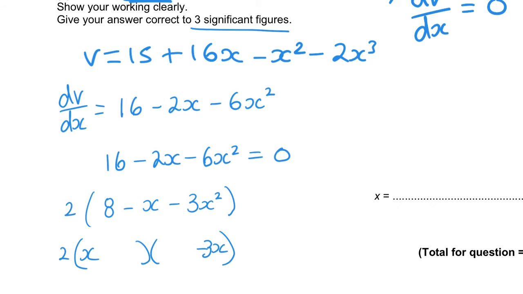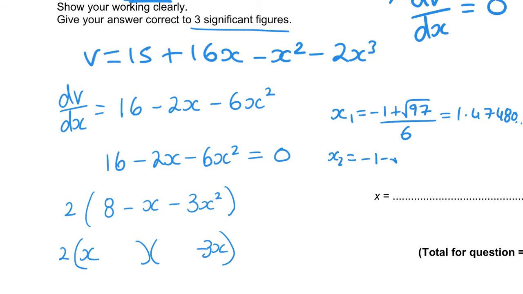And I'm going to have x1 equals minus 1 plus root 97 over 6, which equals 1.47480 dot dot dot.